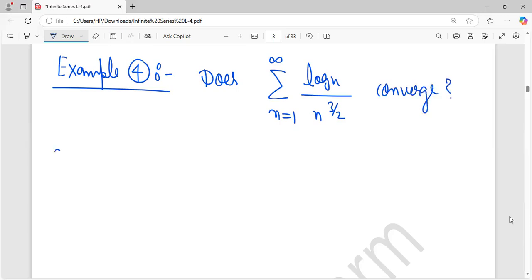Solution. We know that log 1 value is 0.